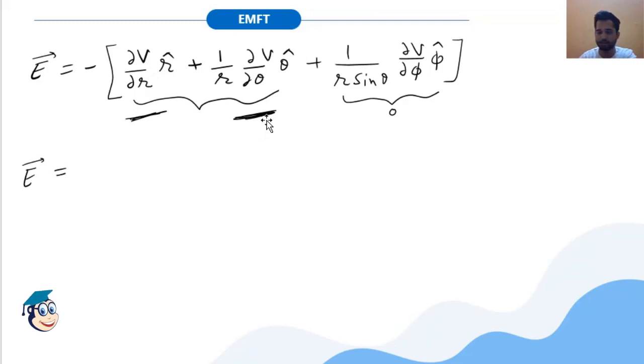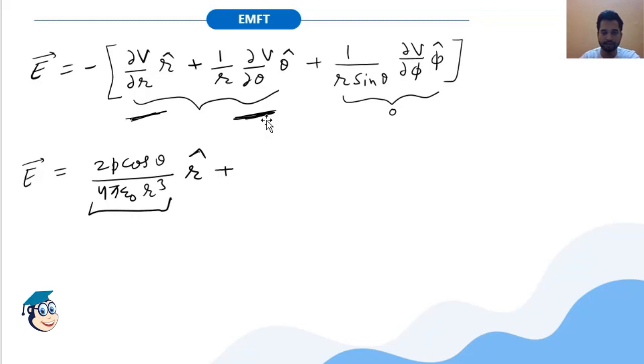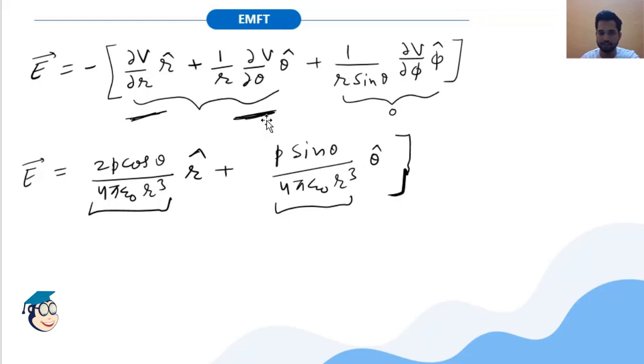The electric field will become equal to 2p cos theta divided by 4 pi epsilon naught r cube r cap, this is E r, plus the next term p sin theta divided by 4 pi epsilon naught r cube theta cap. This term is E theta and the first term is E r.